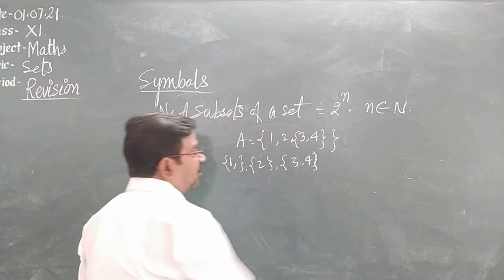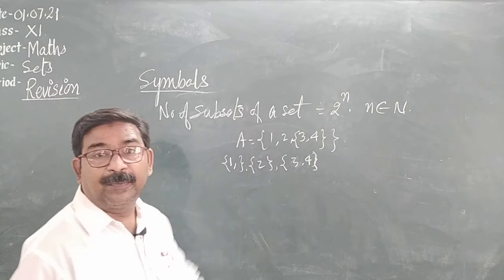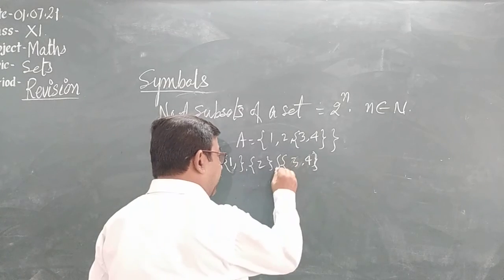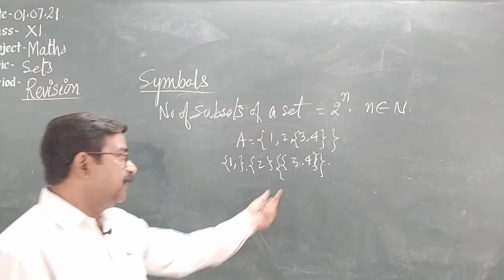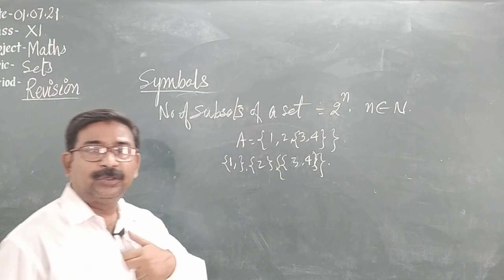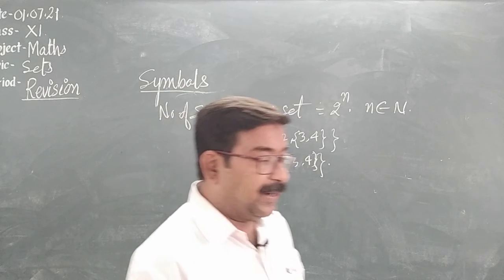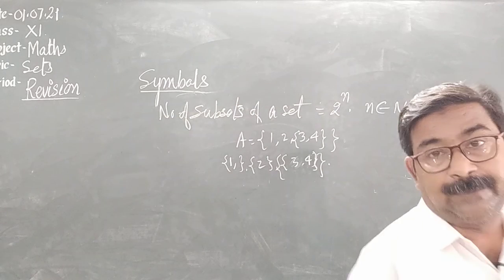So this is not a subset because it is already given in the bracket. So what to do? We have to make one more bracket, then it becomes a subset of the set. Clear? So this is how you can write all the subsets of a set.